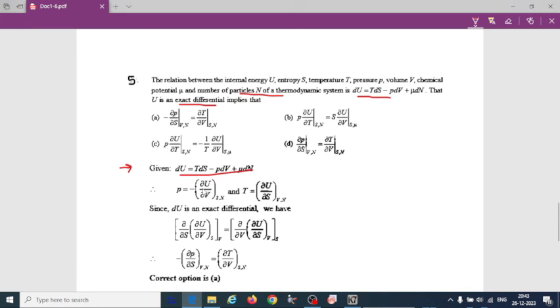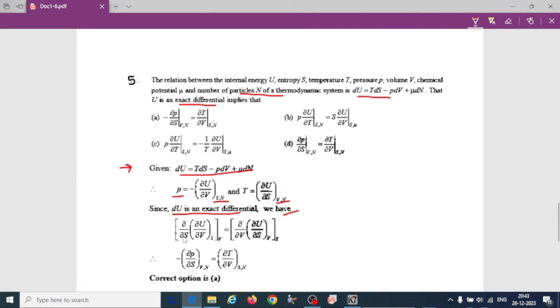This standard equation: if entropy and number of particles are going to be constant, what is the equation for pressure here? P is equal to minus dou U by dou V. T is equal to temperature when volume and number of particles are constant. Since the differential of internal energy is an exact differential, we have this condition here.